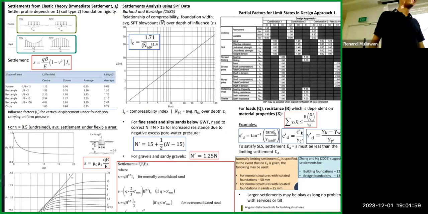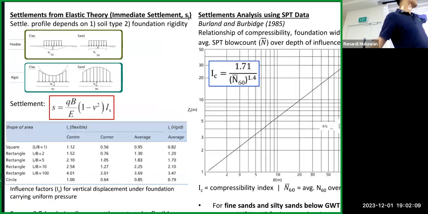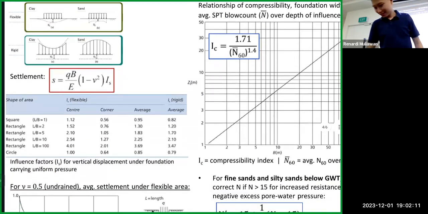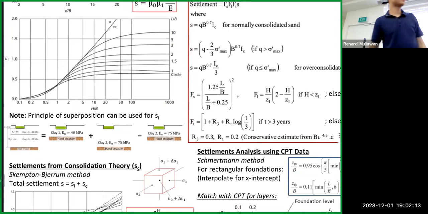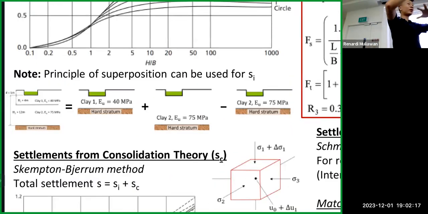I think that one is the hardest one, because that requires you to know the table, and another concept. This one I think is elastic. I think you just need to know this for elastic. It's the superposition. Again, they do it in layers, but a bit different from the one just now. This one is superposition.